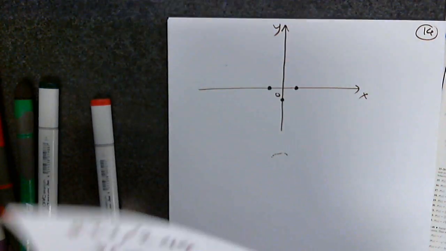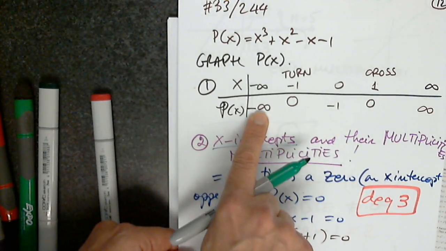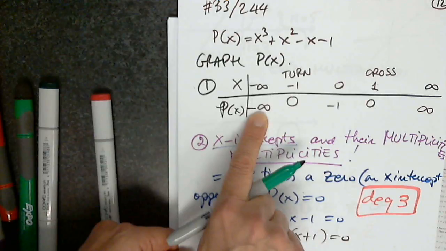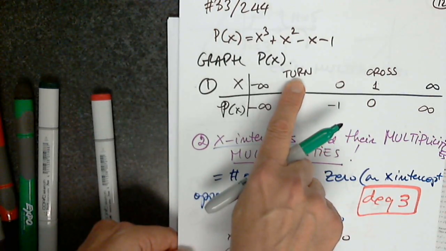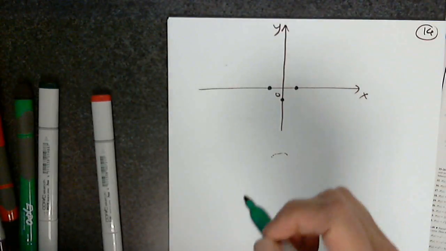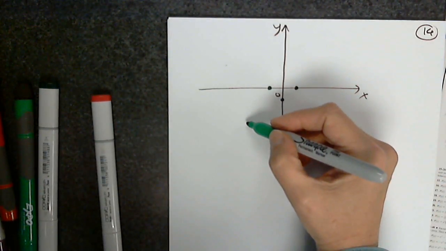And now I'm going to do the following thinking. The function is coming from negative infinity. It will come to this point on the x-axis, but it will turn. So watch, don't write anything. Let's just watch for a second. It's coming from negative infinity.